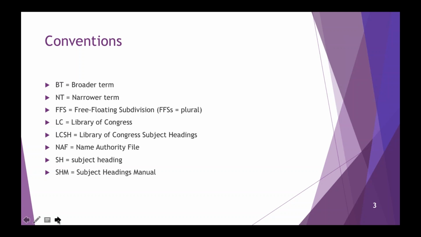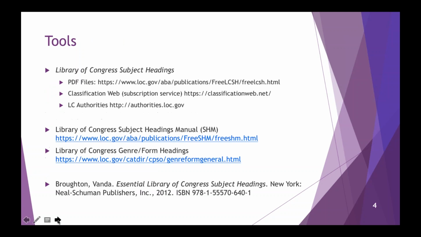BT means broader term, NT for narrower term, FFS is an abbreviation for free floating subdivisions, LC for Library of Congress, and LCSH for Library of Congress subject headings. NAF for the name authority file, SH is short for subject heading manual, and then also SHM, the subject headings manual.